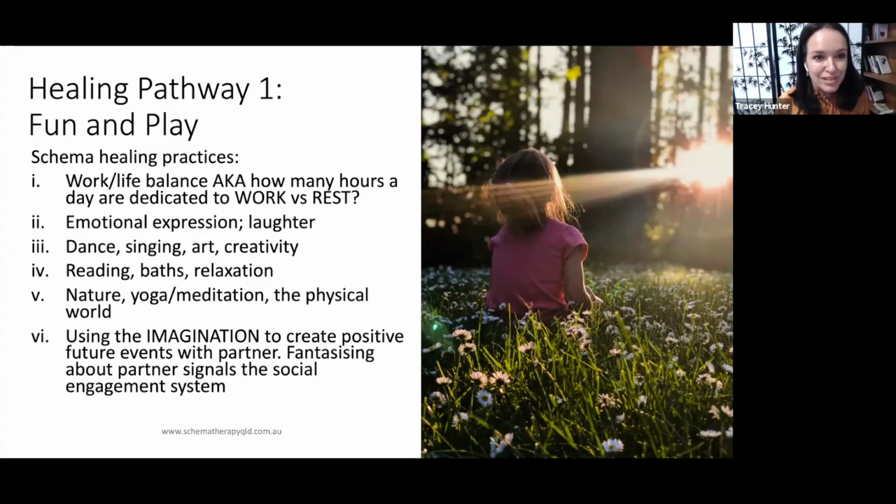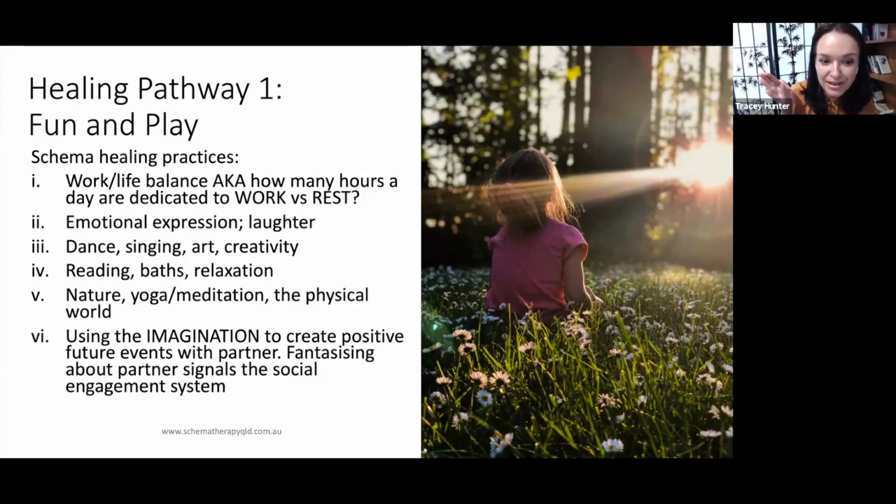And a really important one, and this is my little secret ingredient, is using the imagination. And since we're mostly psychologists and working in mental health on this webinar, this is our domain, the mental realm. But use it to our advantage. Use our imagination to create positive future events with a partner.